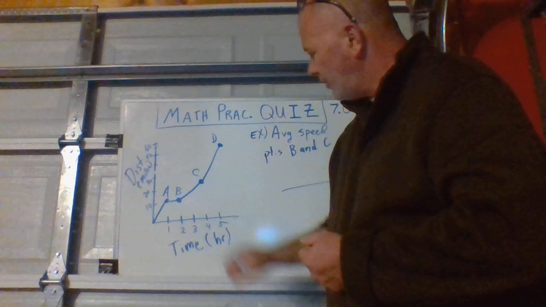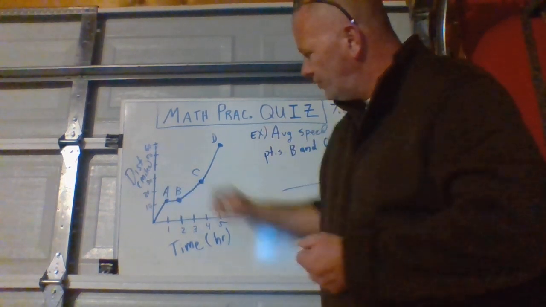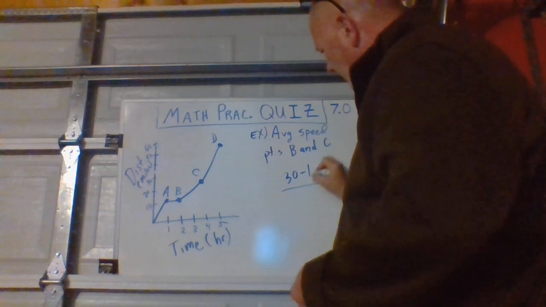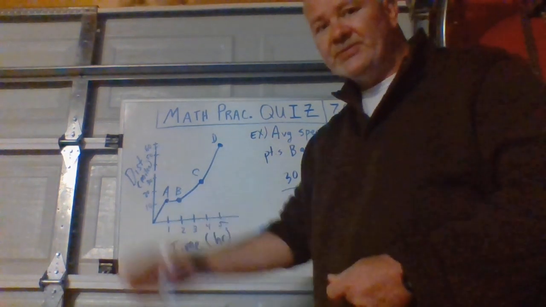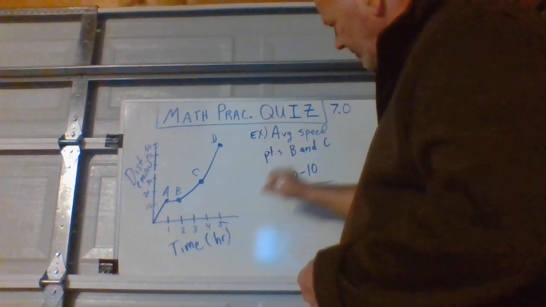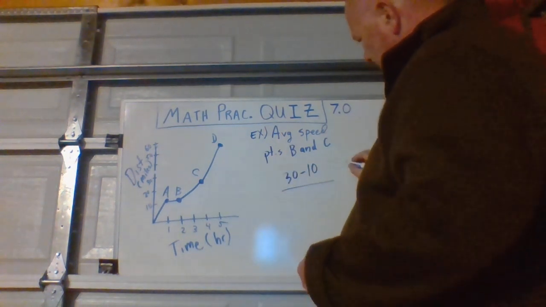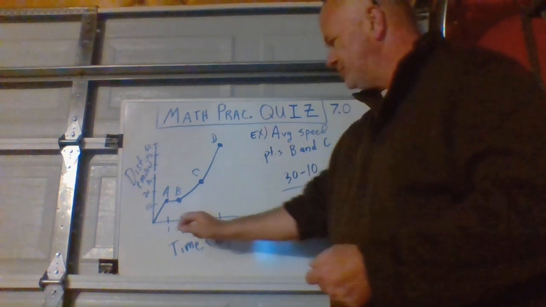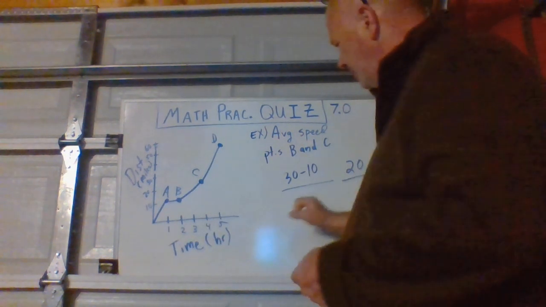And then here we are 30 miles from the city. So in this case, it would be 30 minus 10. So this is total distance covered. So 30 minus 10, we know that gives us 20. That's total distance covered. And then the time it takes. So we go from 2 to 4, that's 2 hours.